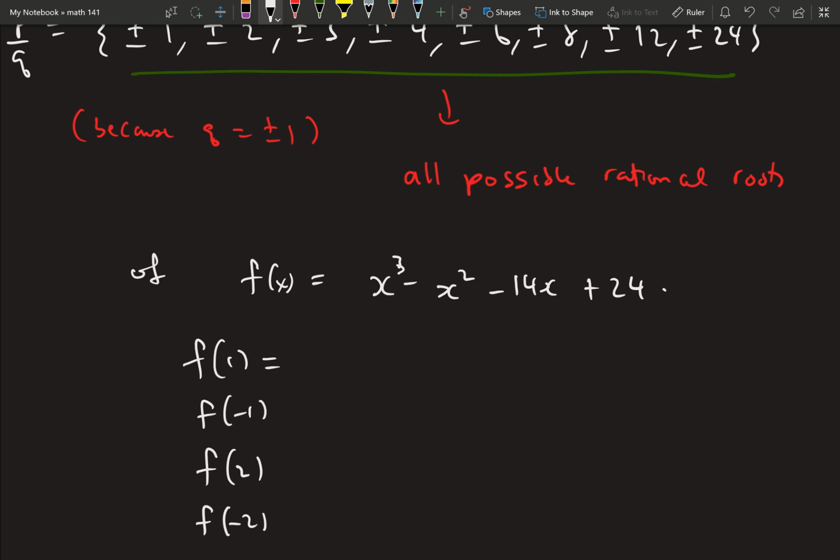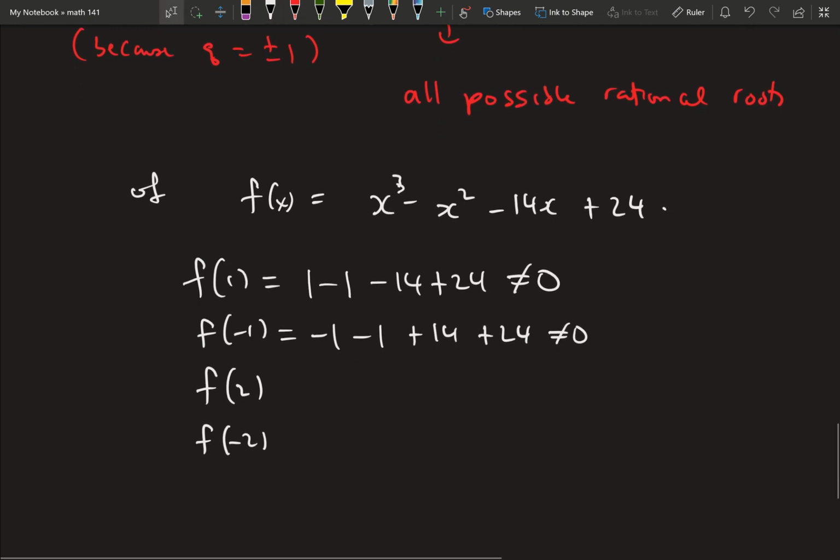So f of 1, well, what is that? That's 1 minus 1 minus 14 plus 24. That's not 0. So we move on to the next one. What's f of negative 1? That's negative 1 minus 1 plus 14 plus 24. That's not 0 either. What about f of 2?